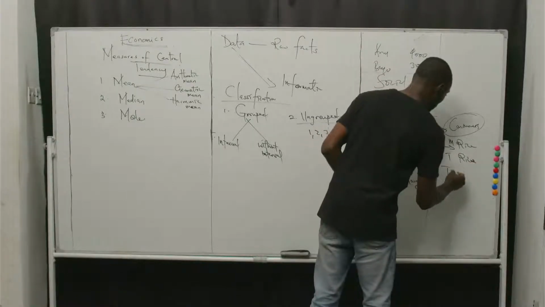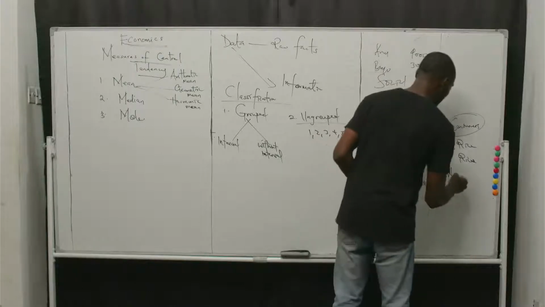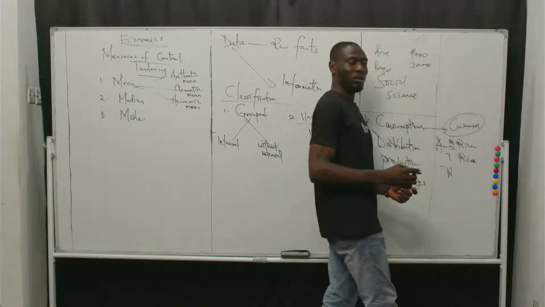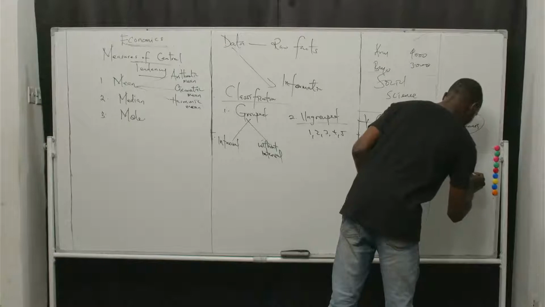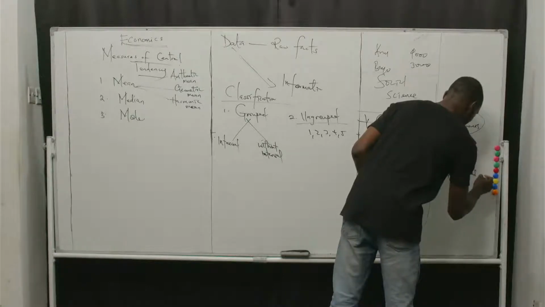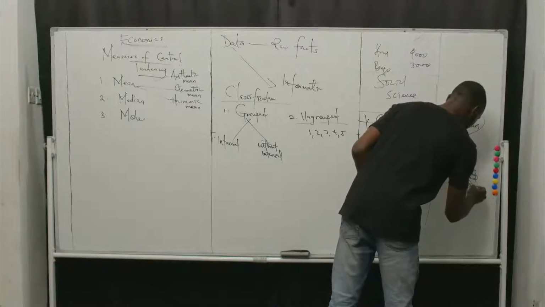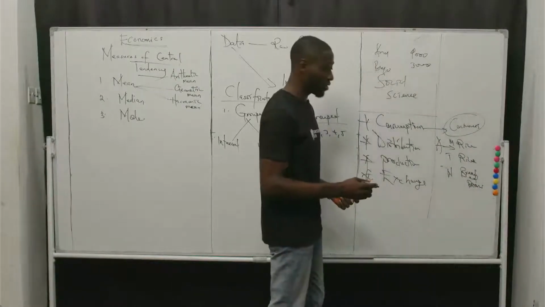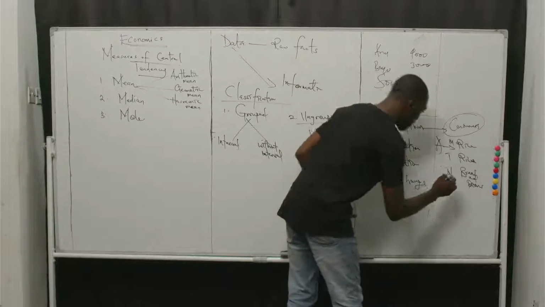Now on Wednesday, he bought, let's say, bread and beans. We call it B&B. It's one of the best foods for students. Don't worry, when you get your admission, you will understand.